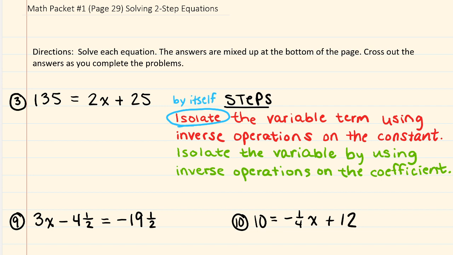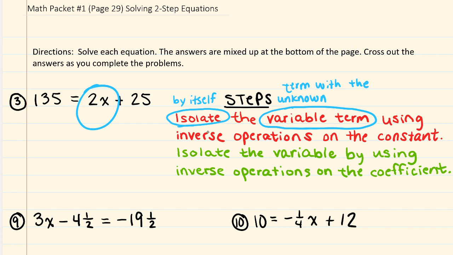Isolate the variable term. The variable term is the term with the unknown. In our case, the variable term is going to be 2x because x is our unknown. So that's our variable term. We'll make a note of that. 2x.